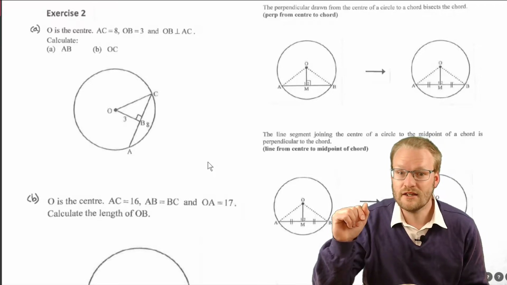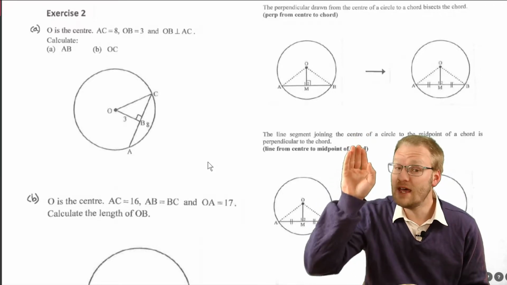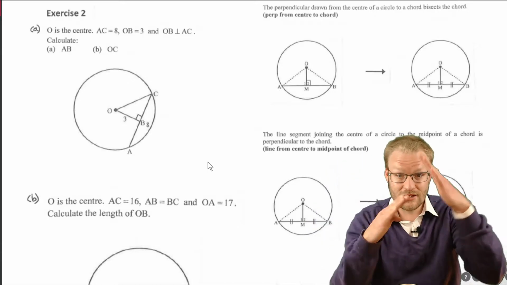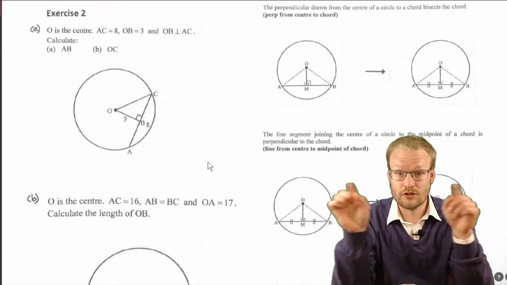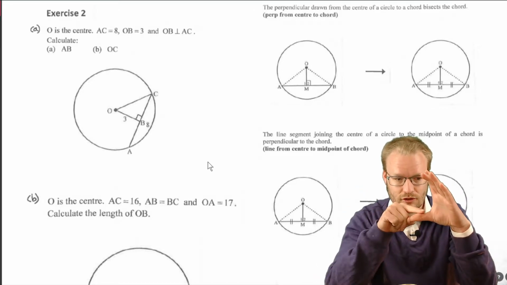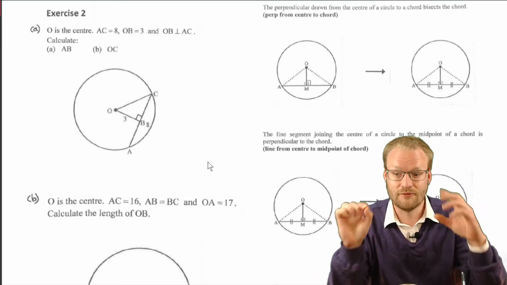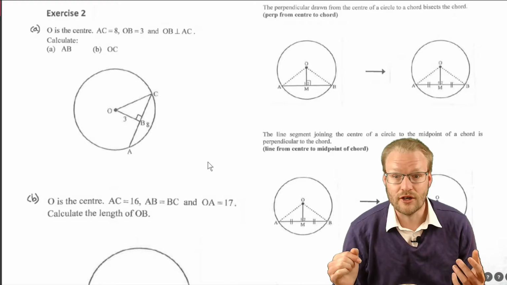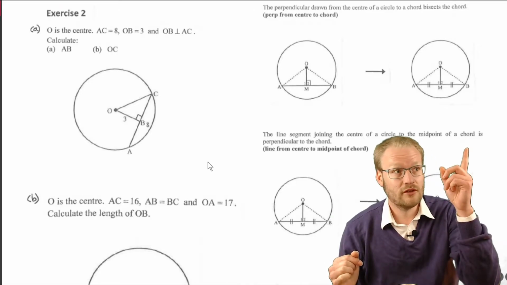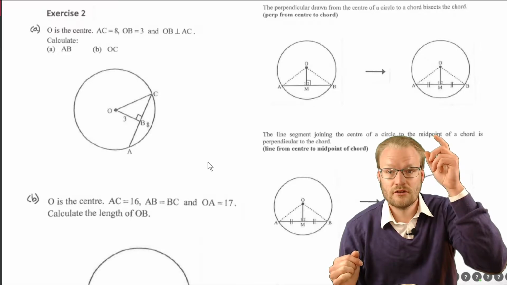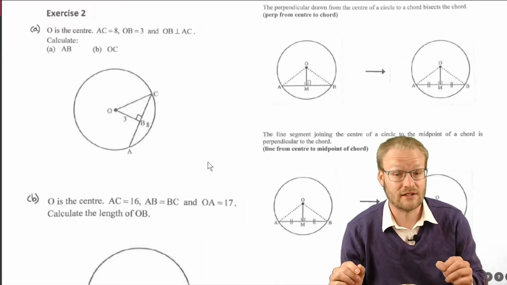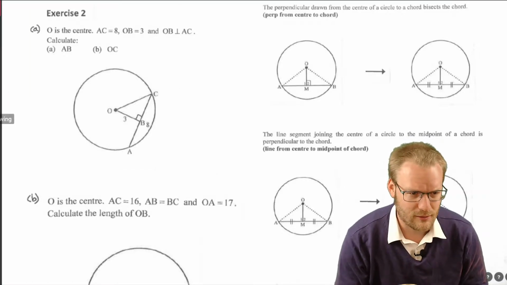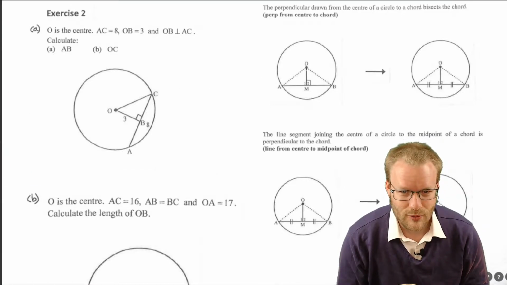We're given that there's a line coming from the center and it's perpendicular, so at right angles, to the chord. Remember, chords join one part of the circumference of a circle to the other. If we are given this, then we know that the line is being bisected. So we're given that a line hits a chord at 90 degrees.